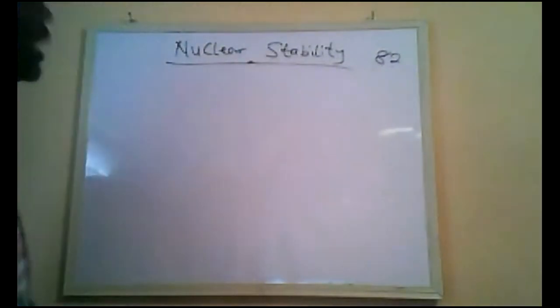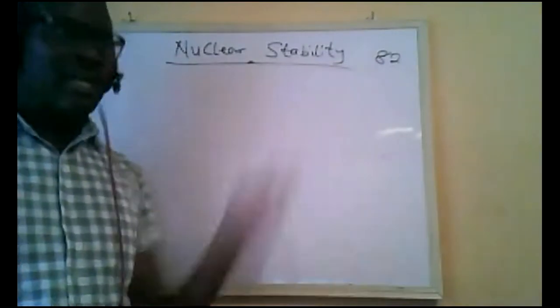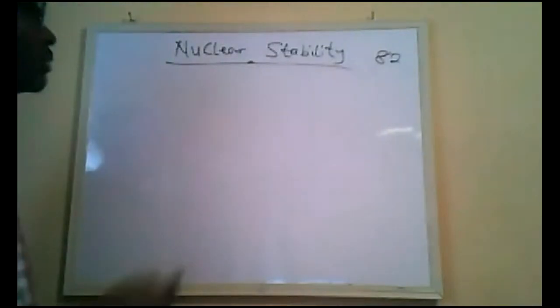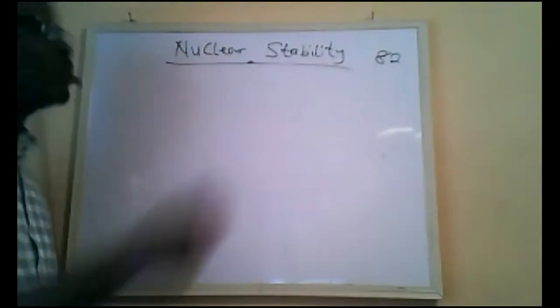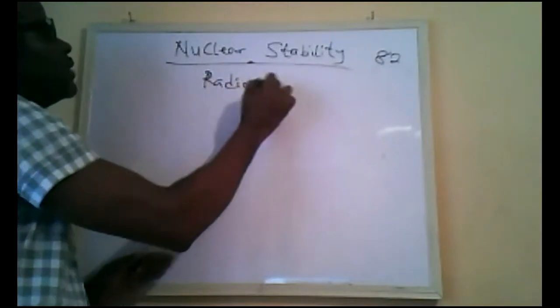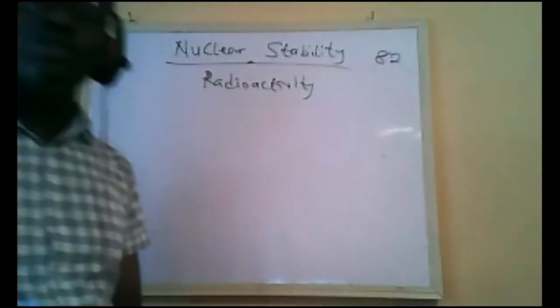And how does that happen? It happens via so many processes. And that atom that has become unstable is said to undergo radioactivity. It has to undergo radioactivity for it to become stable.